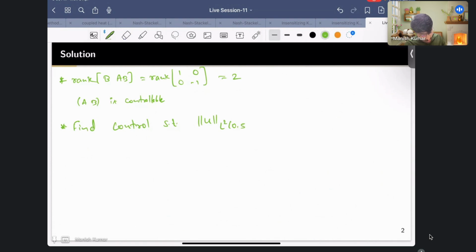So we want this to be minimum. If you want, you can denote it by u hat, or u star, whatever you like. So this is the optimal control: you are asking for a control which has the minimal cost.